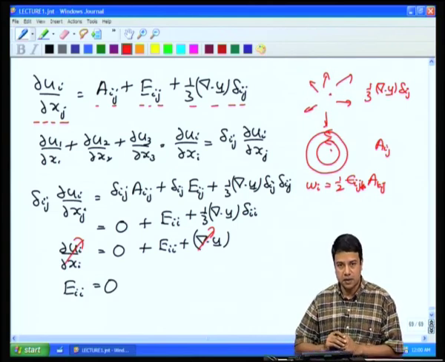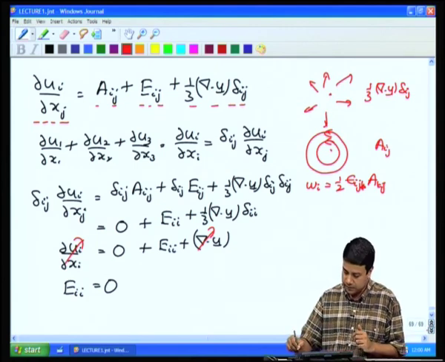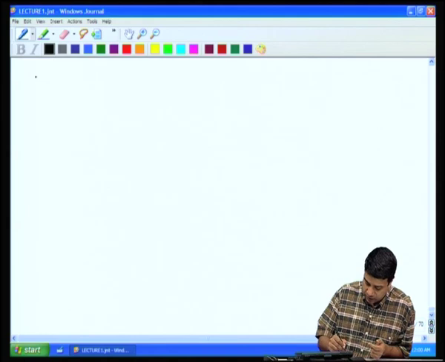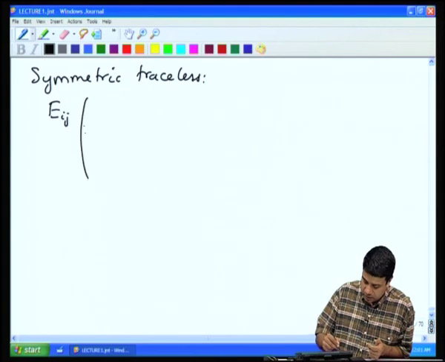And this third part is a symmetric traceless tensor. So, let us just look at that. The symmetric traceless Eij, I can write it as E11, E12, E13.